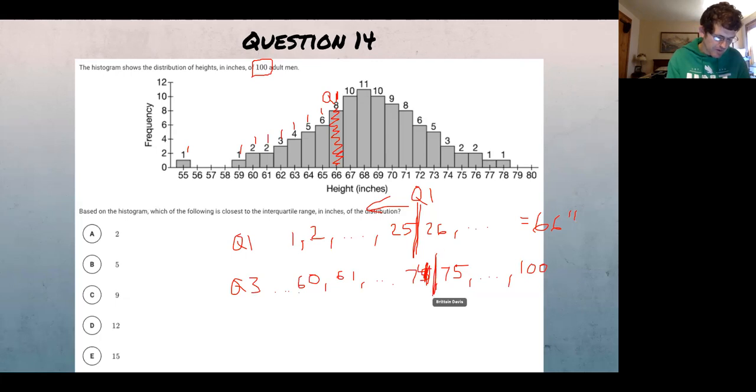So my Q3 is going to live right here between 74 and 75, because that means anything to the right of that is going to be 25% of the data. So now I want to count backwards from the top. 1, 2, 3, 4, 5, 6, 7, 8, 9, 14, 20. Okay, here's Q3. It's going to be in this bin right here, which is 71 inches. So what's the closest to the IQR? 5. 71 minus 66 is 5.